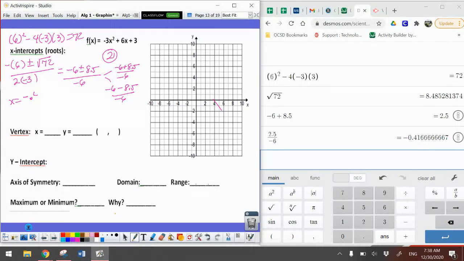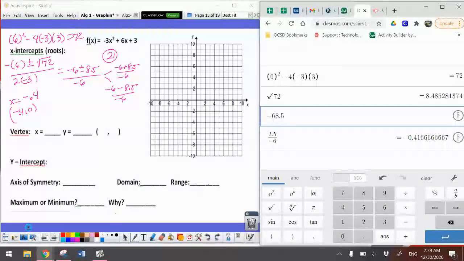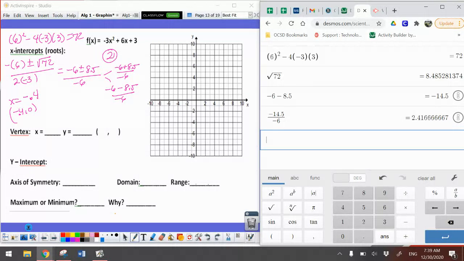So negative 0.4. So there's our first ordered pair. And then our second one, if we change this to a minus sign, that's negative 14.5. Negative 14.5 divided by the negative 6 gives me 2.4. So x is going to equal 2.4. So 2.4, 0, and negative 0.4.